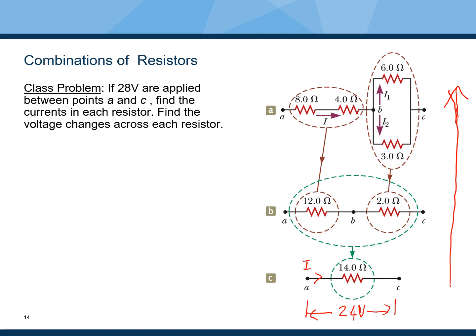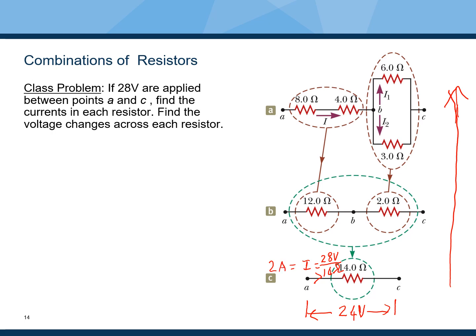So if we have 24 volts across a 14 ohm resistor, then the amount of current I is just equal to 28 volts divided by 14 ohms, and that is actually equal to 2 amps.